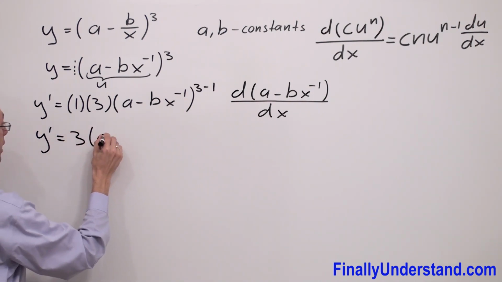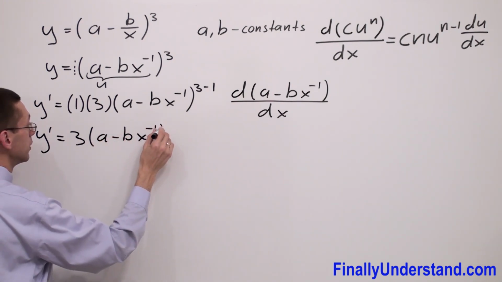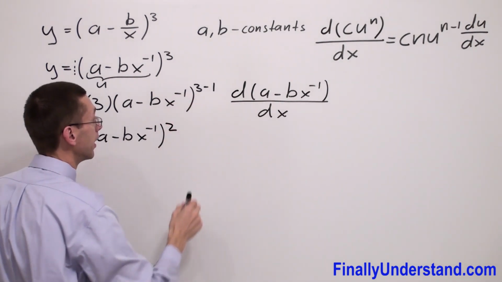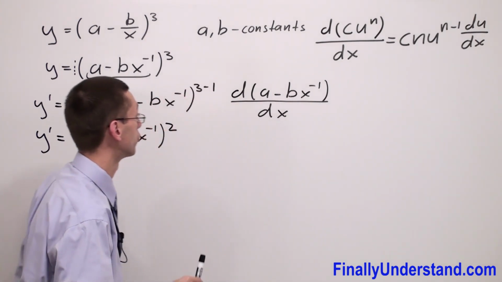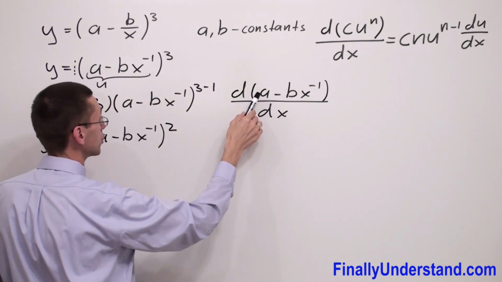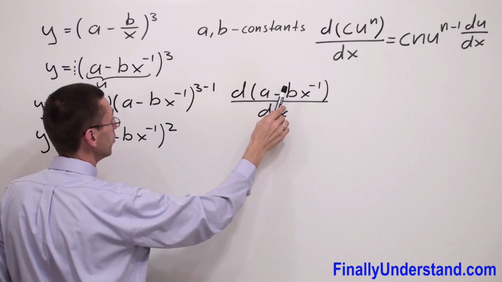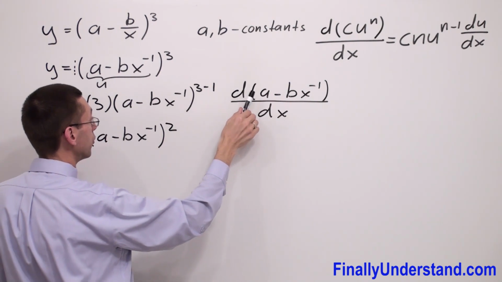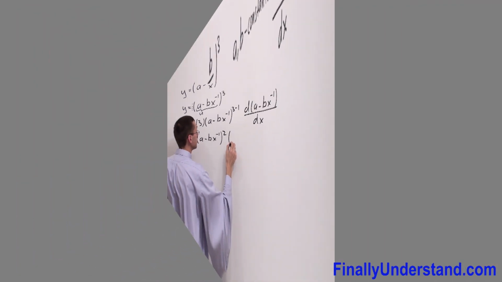Copy down a minus bx to the power negative 1. 3 minus 1 is equal to 2. And I have the derivative of the difference. Don't forget that a is a constant. So I have to find the derivative of a, and I have to find the derivative of bx to the power negative 1. The derivative of a, this derivative of a constant, is simply 0.